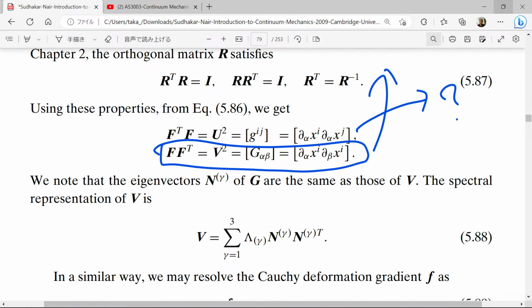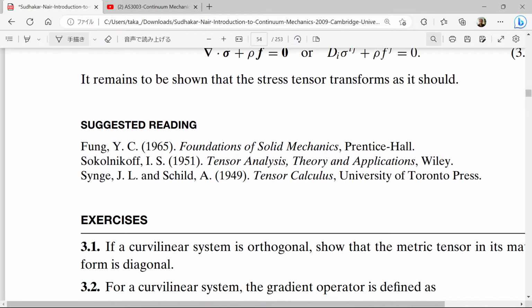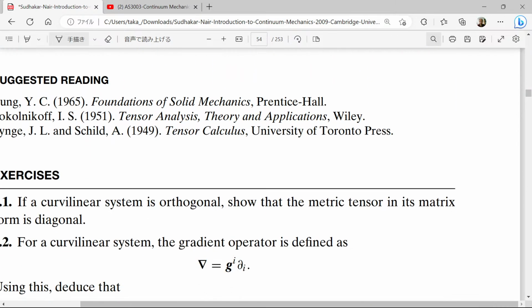Okay. So we note, I got confused. Was this actually G inverse? I think this was G inverse. It's not 54.